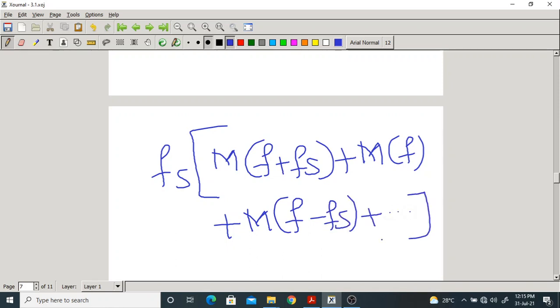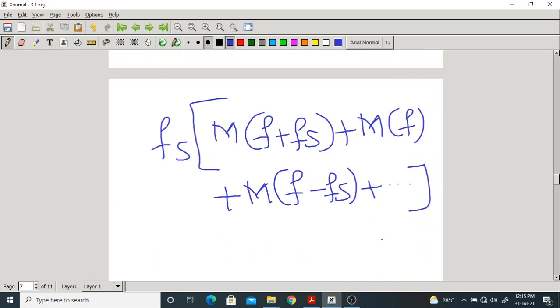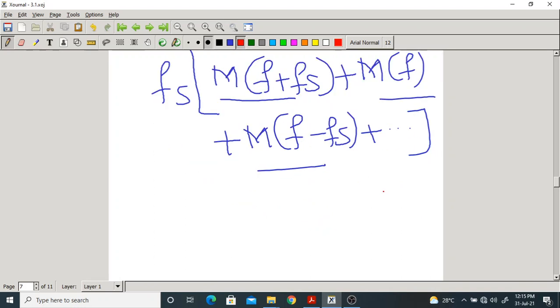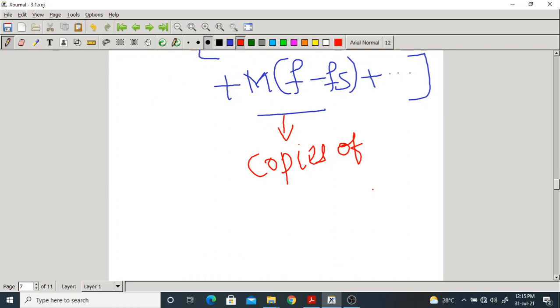Now this is the spectrum of the sampled signal. It contains shifted versions of the original spectrum. M of f is the spectrum of m of t. What do you have in the spectrum of the sampled signal? You just have shifted versions. They are called copies, copies of the original spectrum, because they are just shifted, nothing else has happened to them.